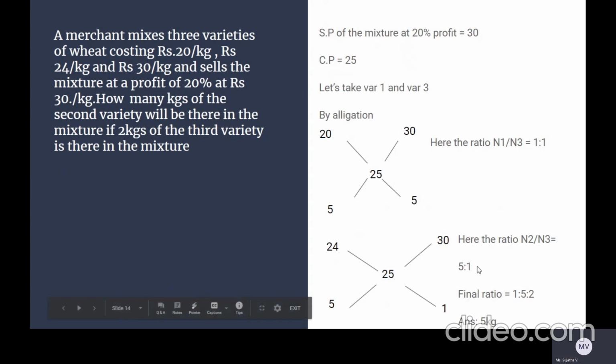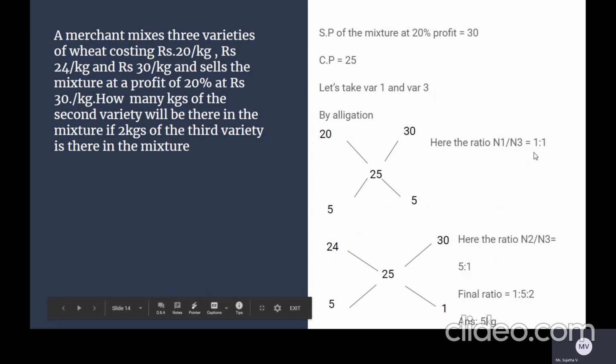Now how will you find the final ratio? Once you've got the two ratios, what is the common thing here? The common thing is N3. But you have one part of N3 from the first combination and another part of N3 from the second combination, so you have to include both parts.